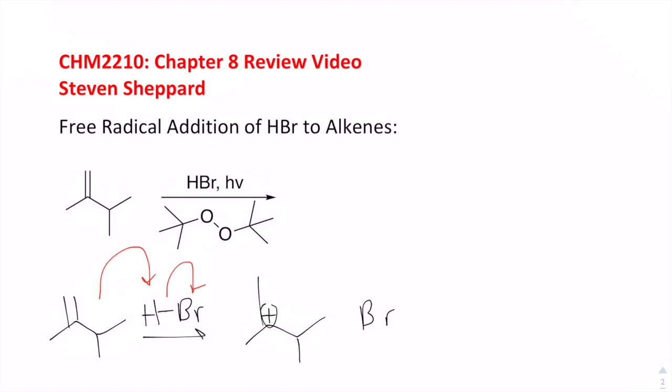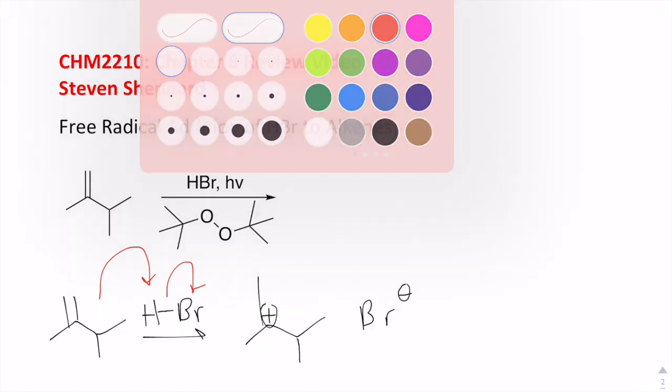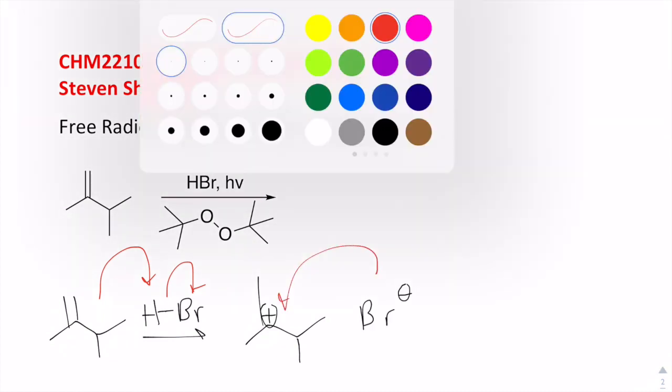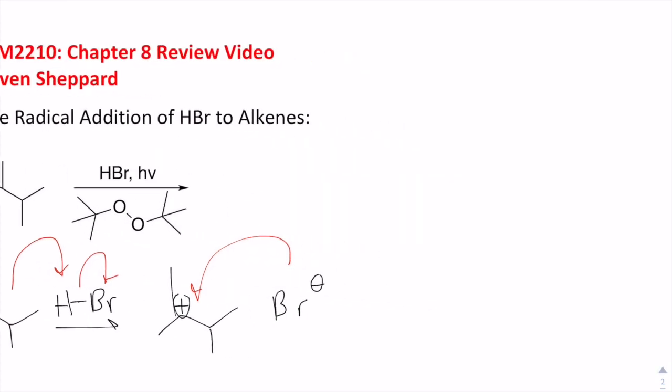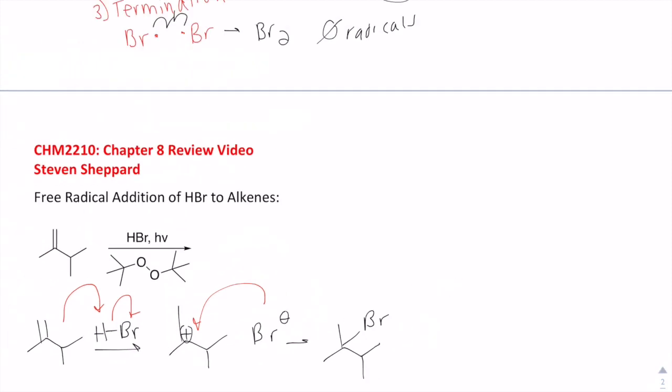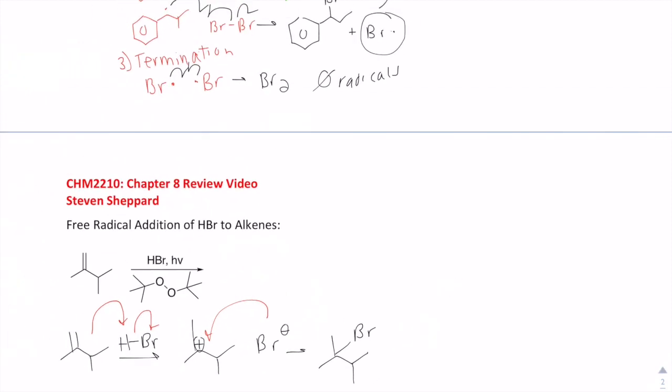We generated that source of bromine, and then the next mechanistic step was that bromide anion coming and attacking the carbocation, to show Markovnikov addition of that bromine to that pi bond, so addition of the bromine to the more substituted position.